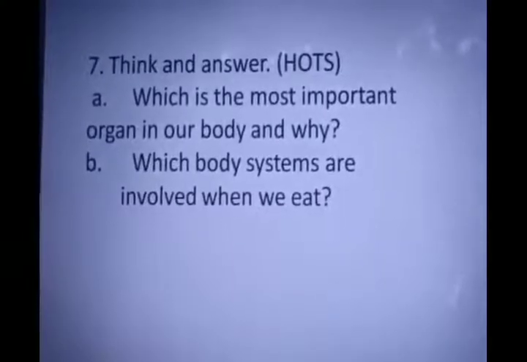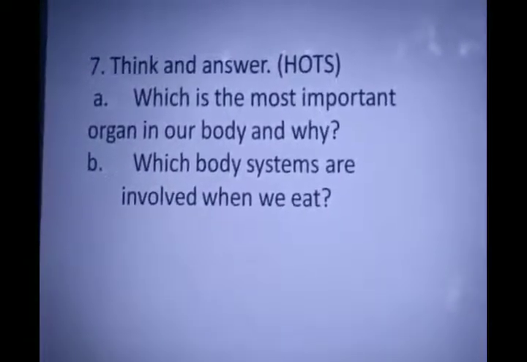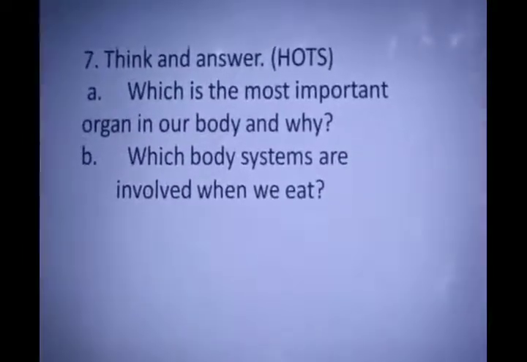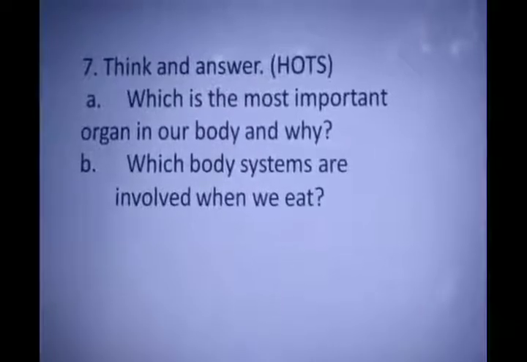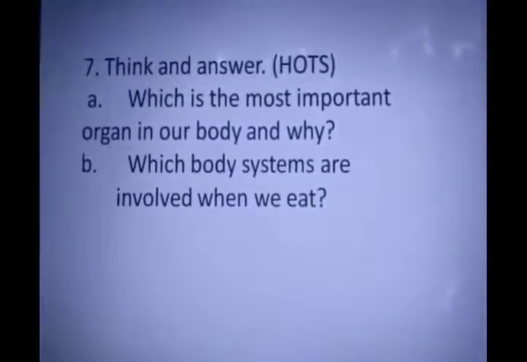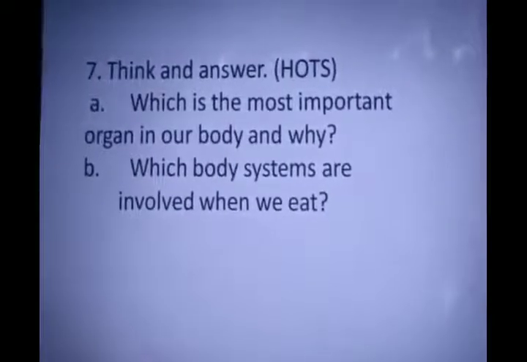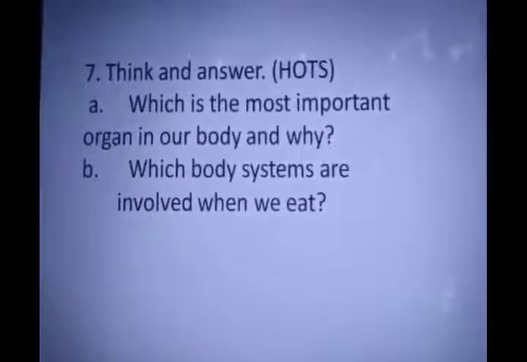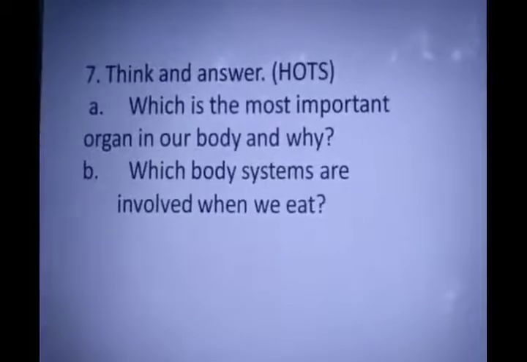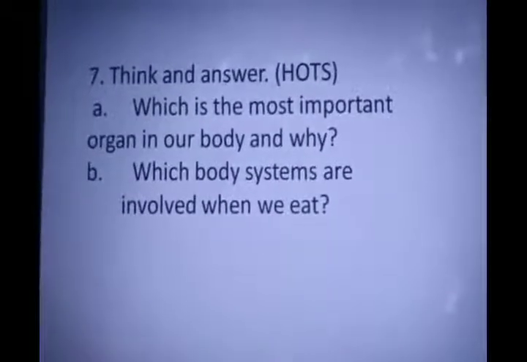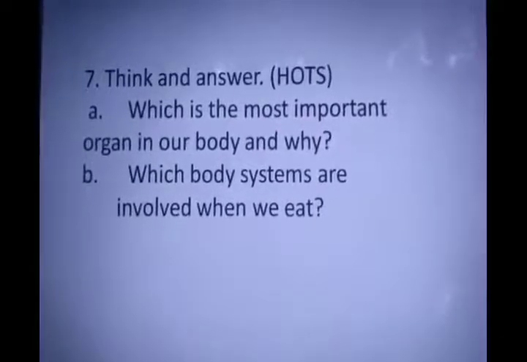So what are the various systems involved here? We have discussed the skeletal system, muscular system, nervous system and digestive system. So all these systems are involved when we eat.